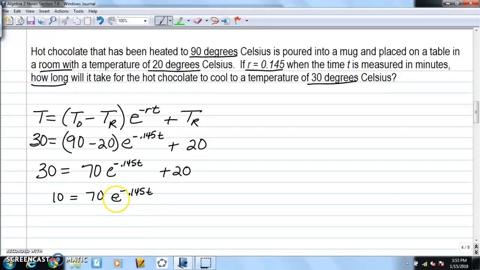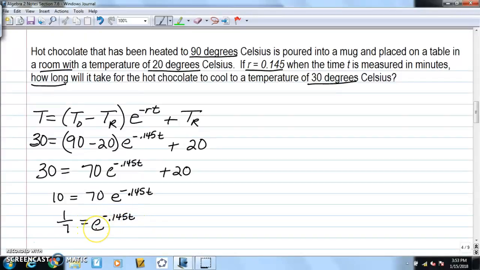It makes sense that I want to get this exponential alone, right? So I can divide through by 70, and that's 1/7 equals e to the negative 0.145t. Now at this point, I have e to the negative 0.145, and then to the t. So that's a number.